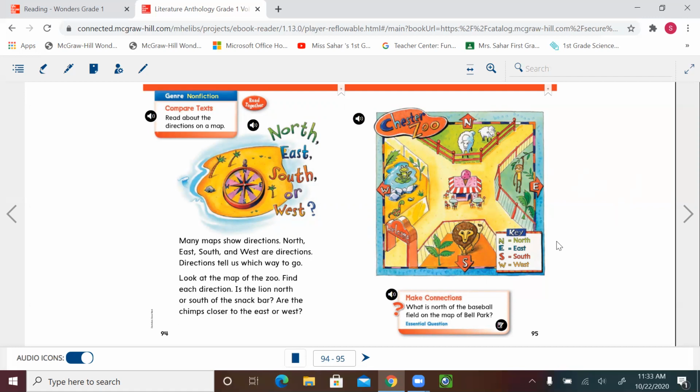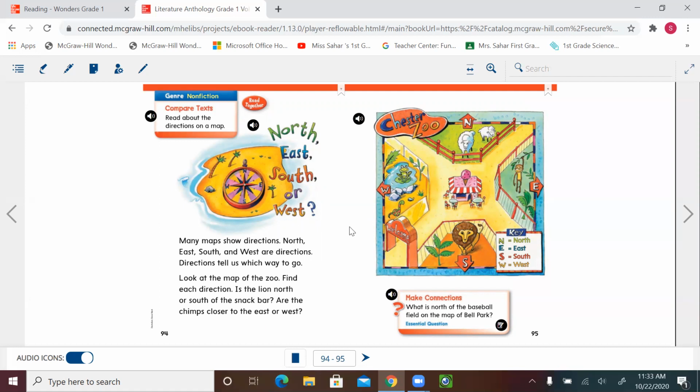We also learned that for this selection and the one before, there are different kinds of maps, and all maps help you to find your way, find your location. And we also learned that a map is just a drawing, and I can draw a map for a room, like my room, for the classroom, or even draw a map just for fun, to have fun with my friends.